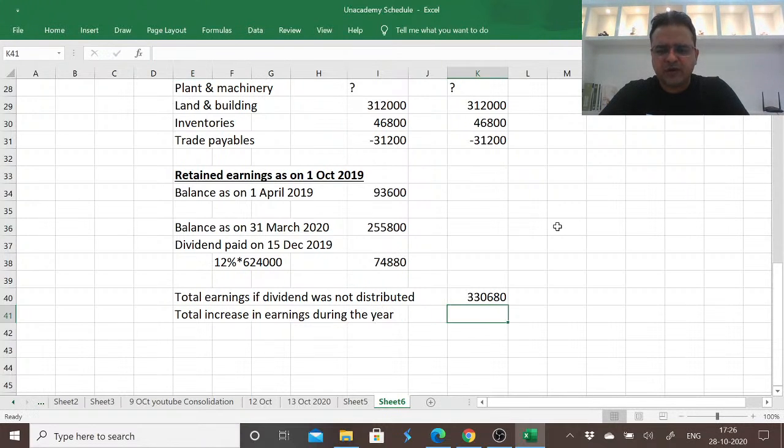So if you compare it with the opening balance, we get to know the increase in earnings: 330,680 minus the opening balance. This is the total increase in the earnings.